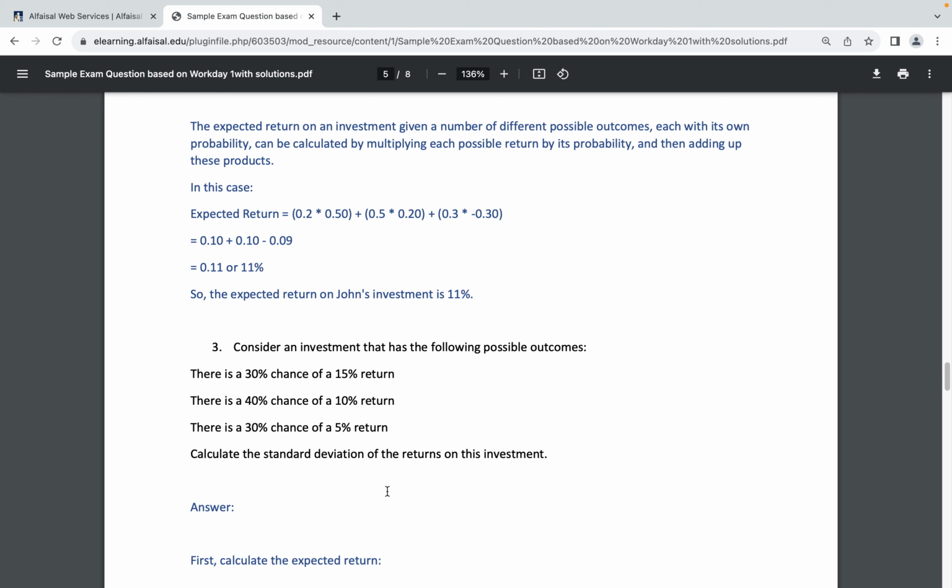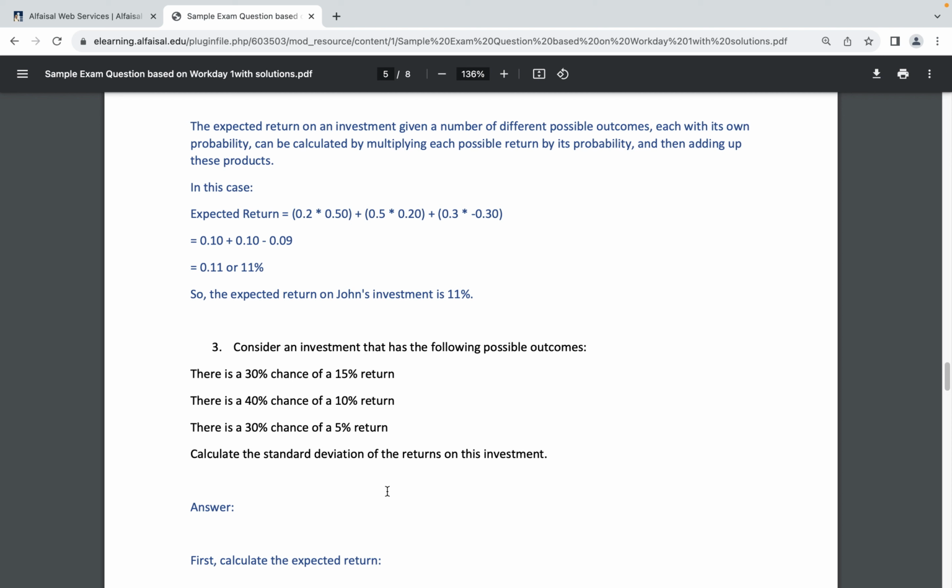From the class, you will have learned that the risk measure that we use for investments is standard deviation. We place this alongside returns. Standard deviations are given to us in the same units as the expected values that we look for.